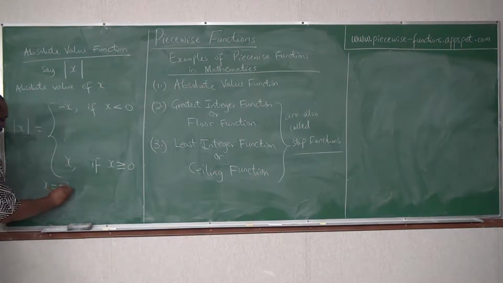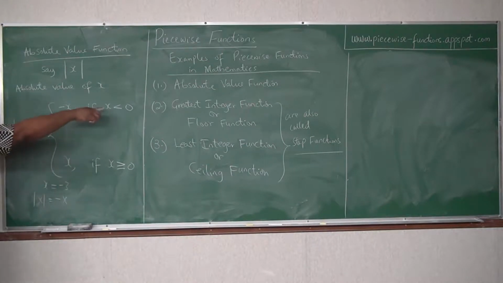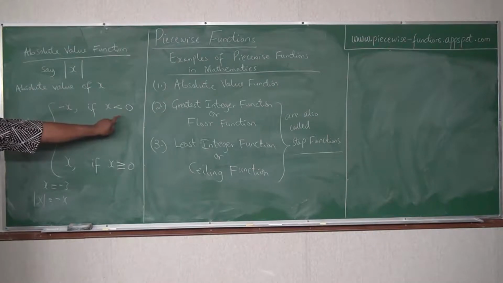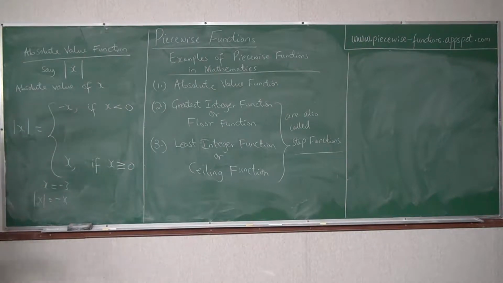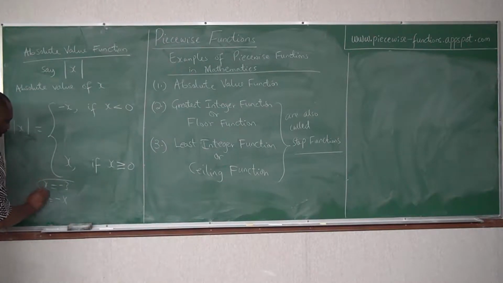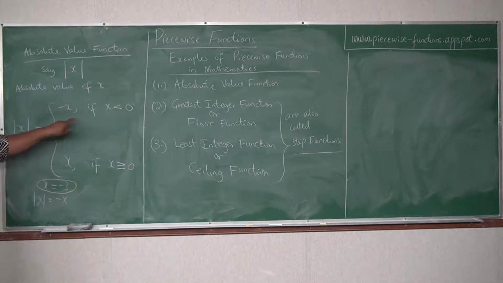If x is negative 3, that means the absolute value of x will be negative x, because negative 3 falls in this domain. Let me use a yellow chalk to color it. So negative 3 falls in this domain.